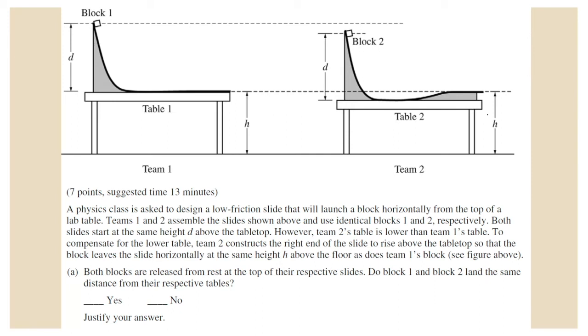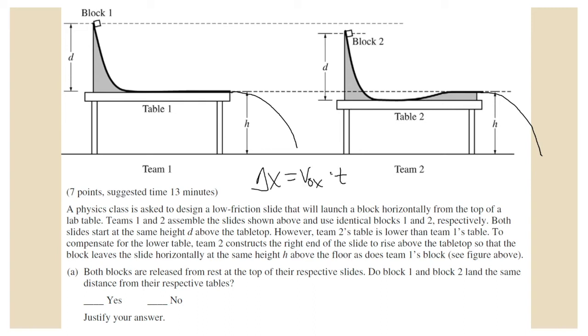Justify your answer. So when they say land the same distance, we're talking about a projectile motion problem. Now, I hope we've done enough of these already for everybody to realize how you're supposed to answer a projectile motion range question. The range of a projectile is given by the equation v naught x times t.